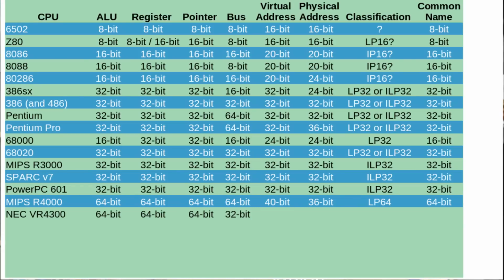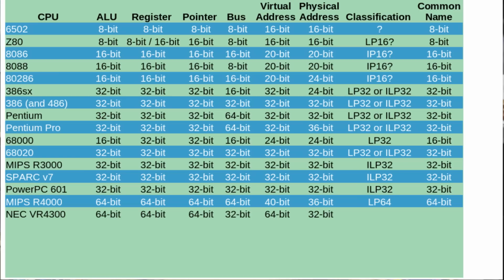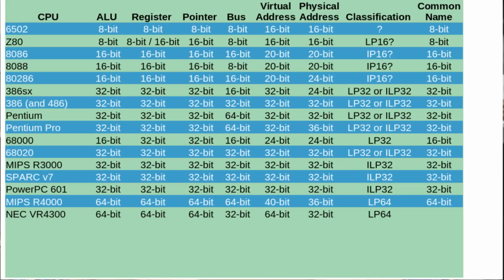I believe it was a 64-bit virtual address space, as far as I could glean from the documentation that I looked at, but it was a 32-bit physical address space. Again, I would say running in a 64-bit ABI, LP64, it's still a 64-bit CPU. So a person could legitimately call the Nintendo 64 a 64-bit system. I would not argue with them about that.